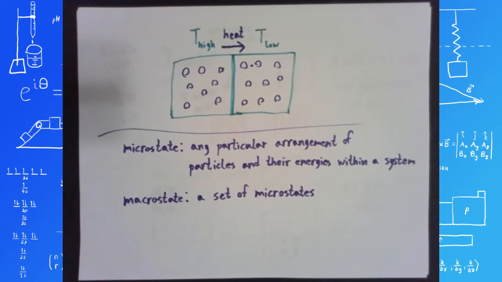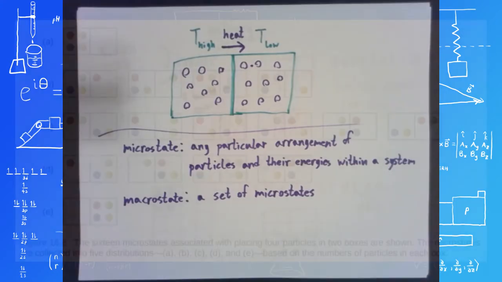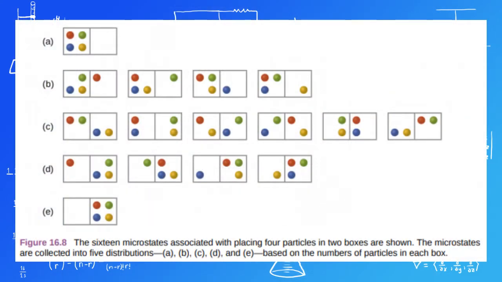They actually have a pretty nice visual here for microstates. Well, two of them actually. One for positions of particles, and then another one for distributions of energies. So, yeah, if you have four particles and two boxes, and each box can contain a maximum of four particles, then you have a total of, let's see, how many microstates is that?